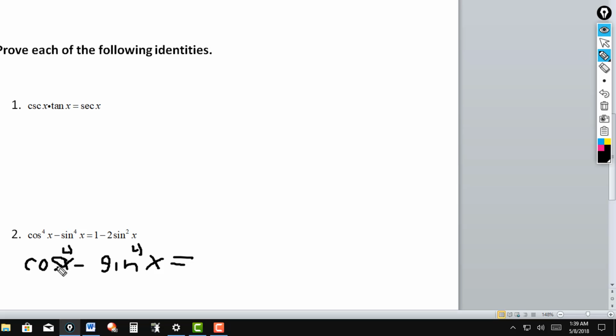Because I have a difference of squares here, I'm going to factor this into cosine squared x minus sine squared x. So that's going to be one factor.